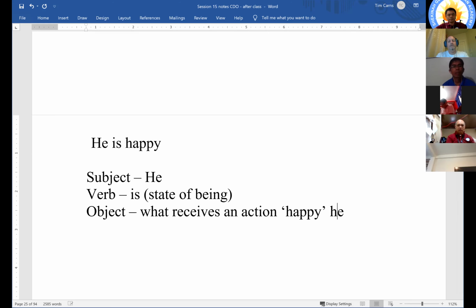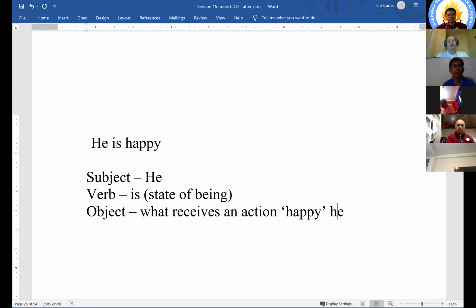So I want to distinguish again between the verbs of being: is, were, become, was. Those are verbs of being. Action verbs would be things like hit, ran, walk, those kinds of things.